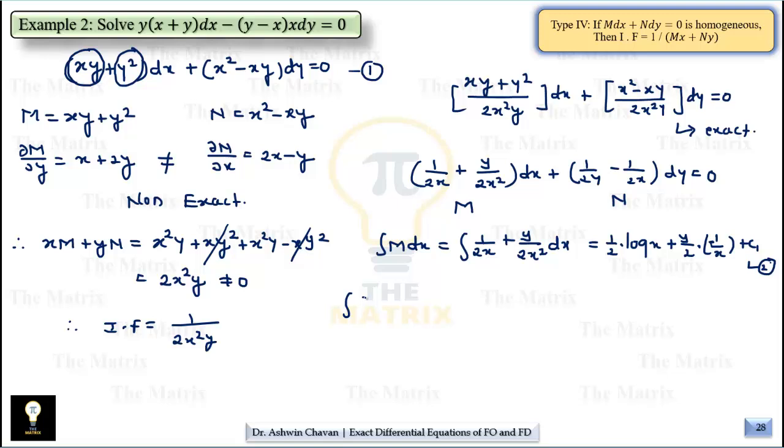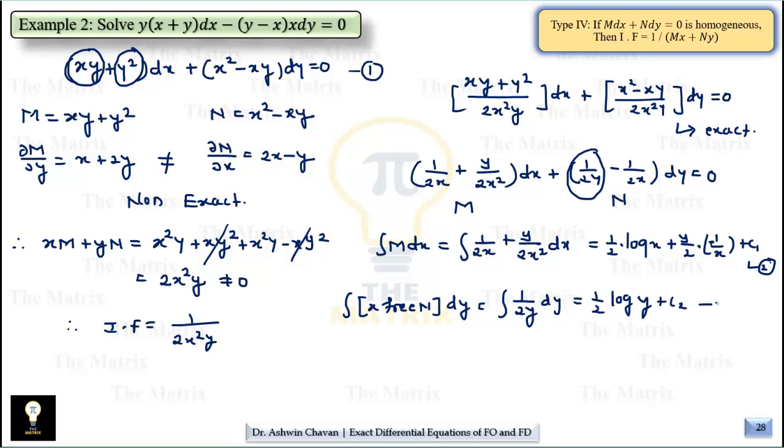Now we have terms in N free from x, which we call x-free N with respect to y. In N, only this term is free from x. So we take only 1 by 2y dy, which is half of log y plus some integral constant, say c2. So the solution is nothing but the addition of equations 2 and 3.